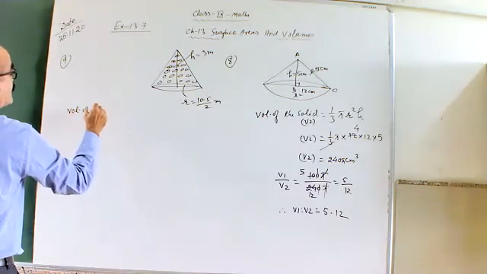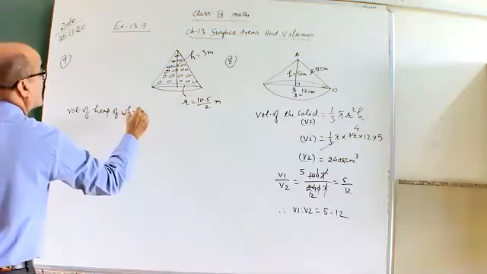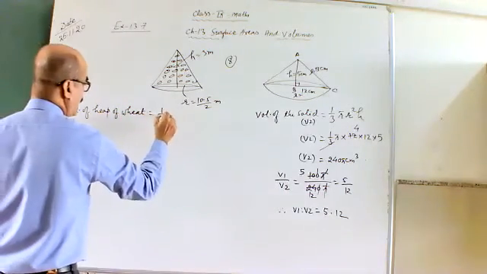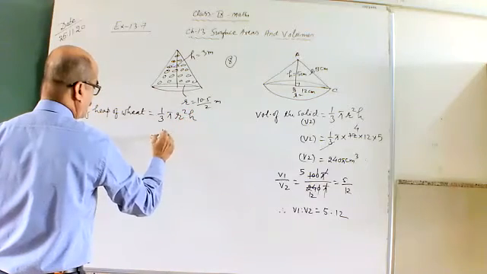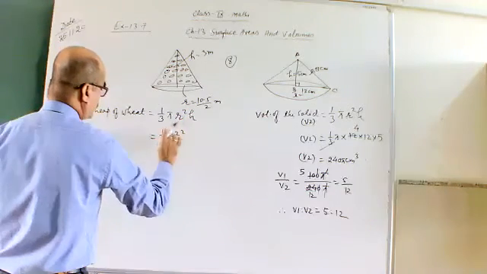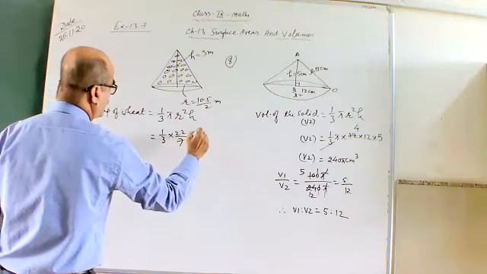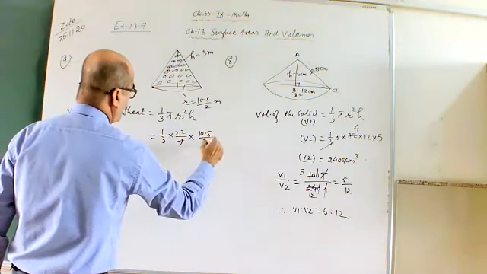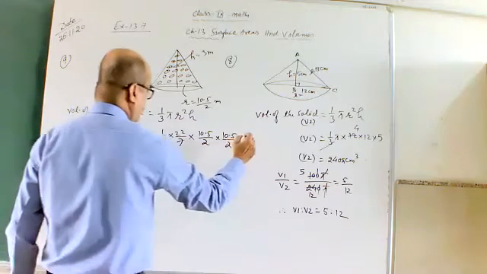Volume of heap of wheat is 1 by 3 pi r square h. So 1 by 3 into pi is 22 by 7 into r is 10.5 by 2 into 10.5 by 2 into h is 3 meter.